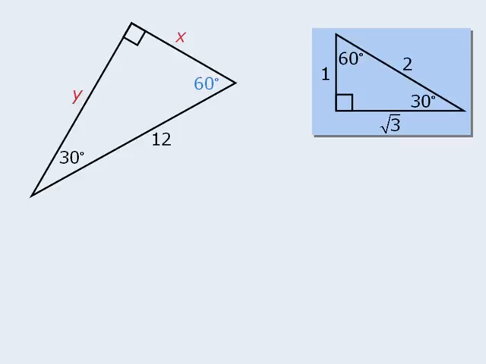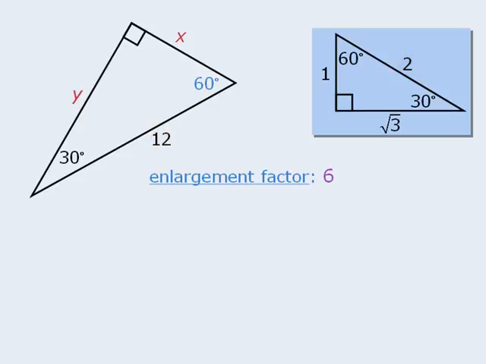Now at this point, we want to determine the degree to which the example triangle is larger or smaller than the base triangle. To do this, notice that on the base triangle, the hypotenuse has length 2. Now notice that on our example triangle, the hypotenuse has length 12. So the example triangle is 6 times as large as the base triangle. In other words, the enlargement factor here is 6.